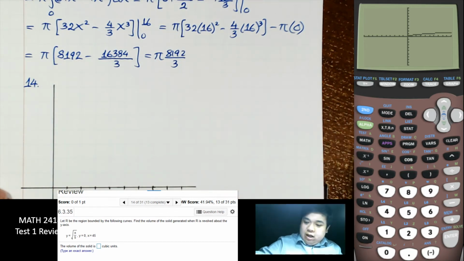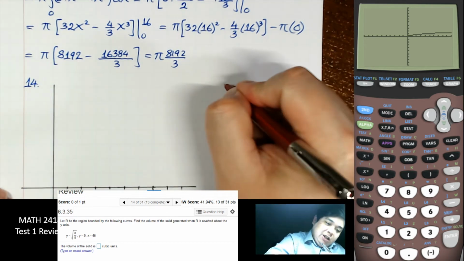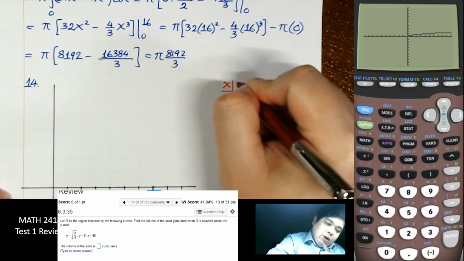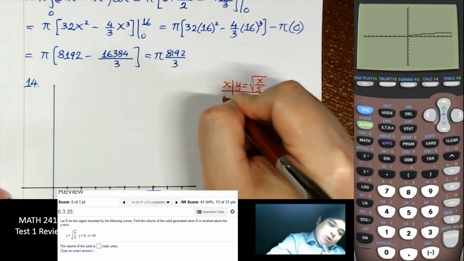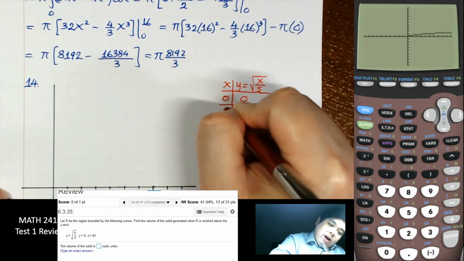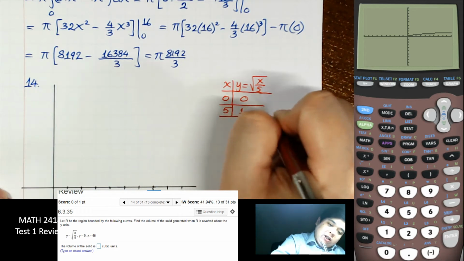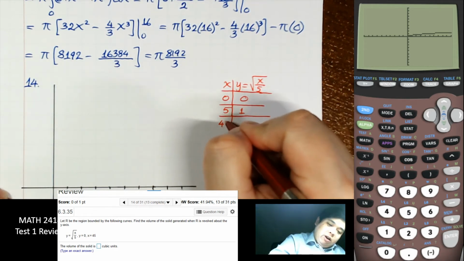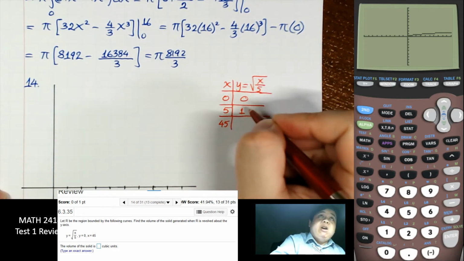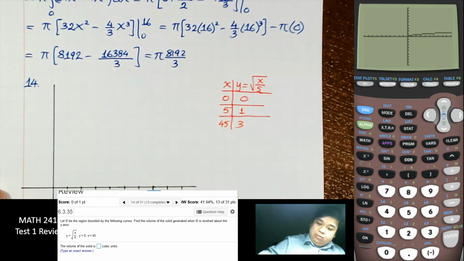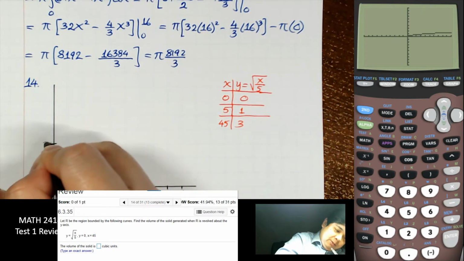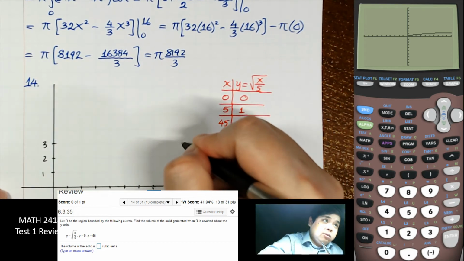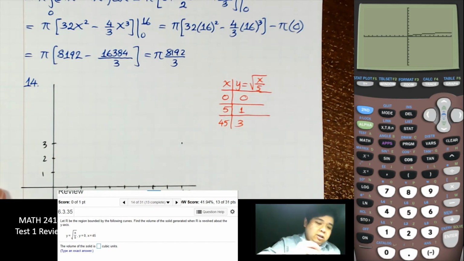And let's see, y equal to square root of x over 5. x equal to 0, that's 0, 5 be 1, and 45 by 5 is 9, square root of 9 is 3.